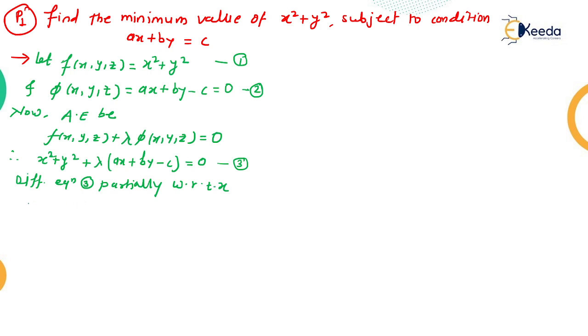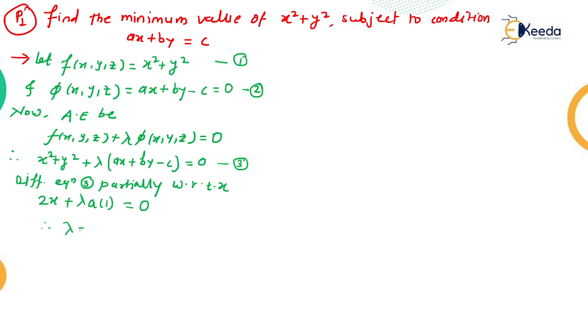We get 2x, the derivative of x square, plus lambda into the derivative of the bracket ax plus by minus c, since lambda is a multiplier and constant. Its derivative becomes only a, as the derivative of x is 1, and that is equal to 0, because by and minus c are constants and a constant's derivative is 0.